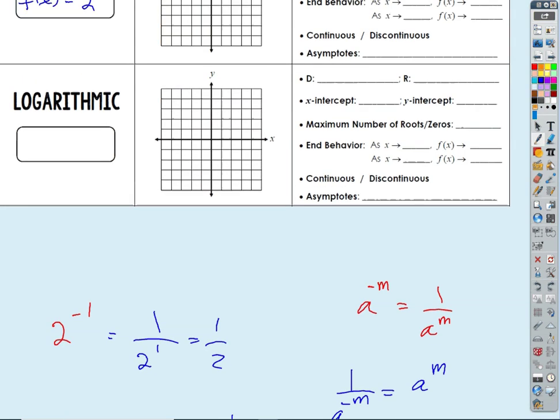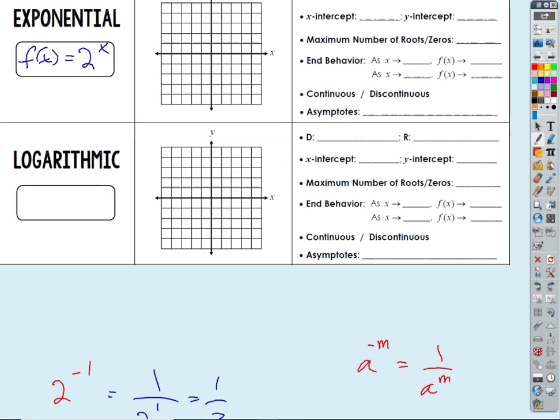Now, why do I bring that up? Well, if we're trying to graph the function 2 to the x, I chose a value of x equal to negative 10, and I got a really, really small fraction back, right? And 2 to the negative 1 was 1/2. So we could actually just plot some data points here, couldn't we? If I go to x equals negative 1, the y value was positive 1/2.